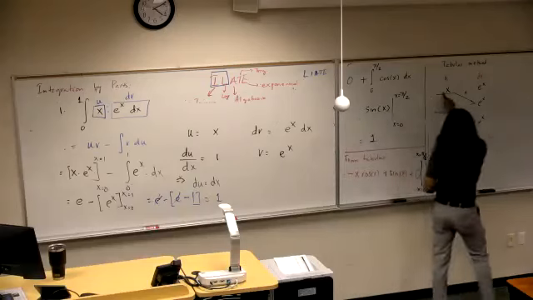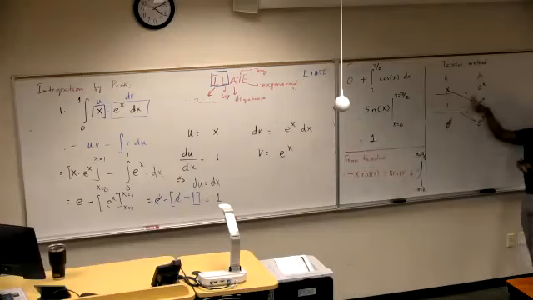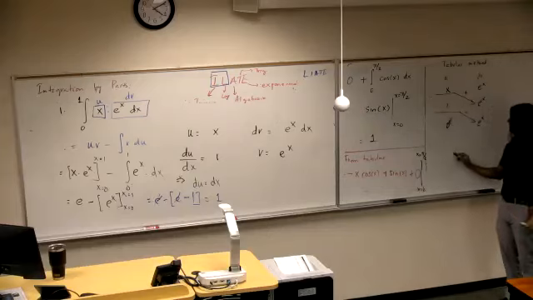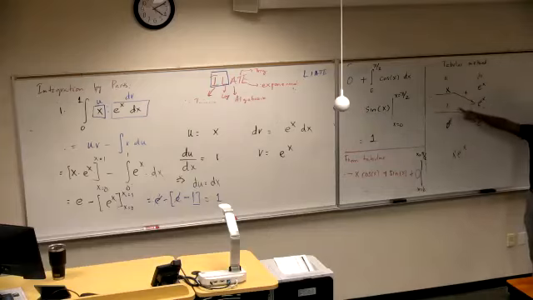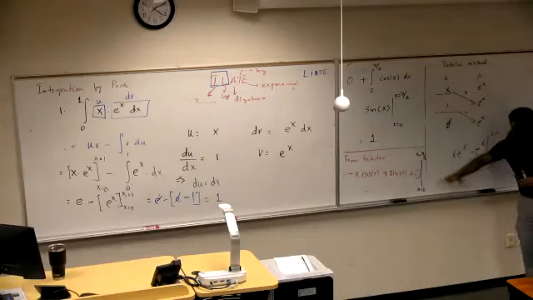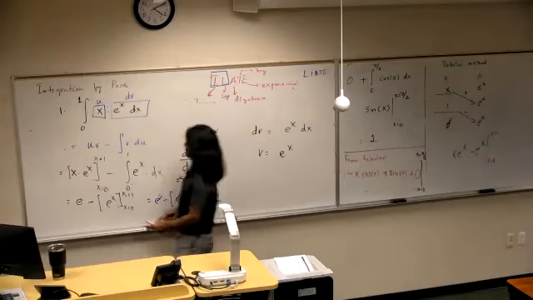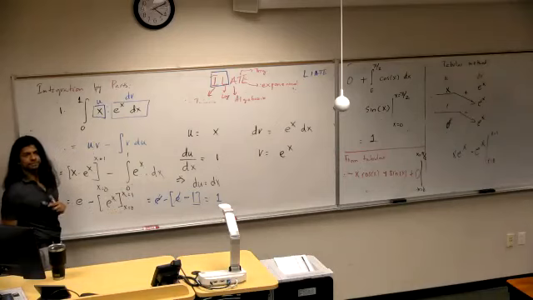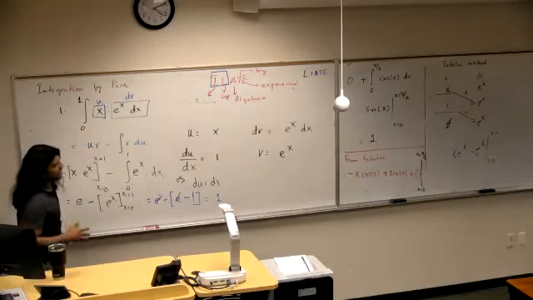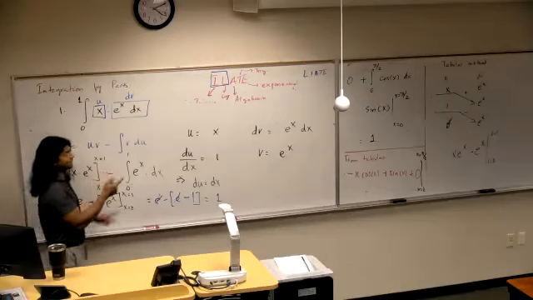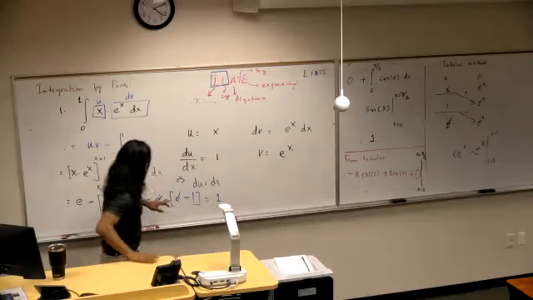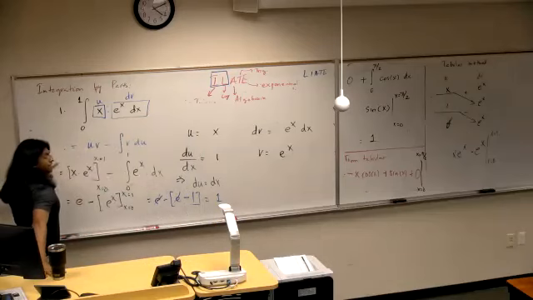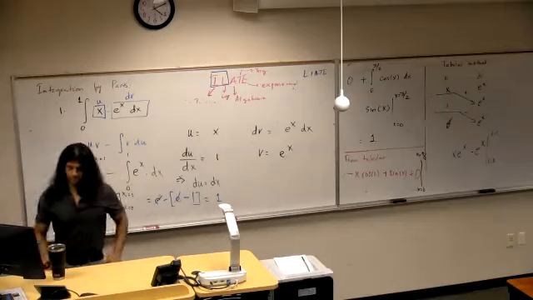Good. x times +1 times e raised x, you will get x e raised x. 1 times -1, -1 times e raised x, negative e raised x. If you look at this step, this is no different from that. Good. So it is a matter of choice, but do keep in mind sometimes that also fails you. There is a reason why I go with this approach. I will start with that on Monday.